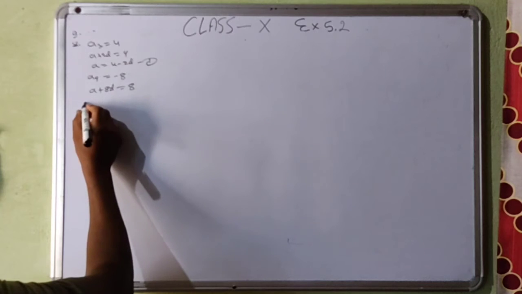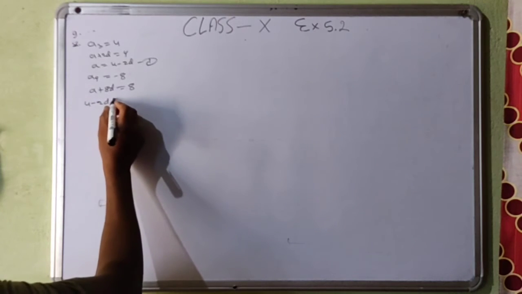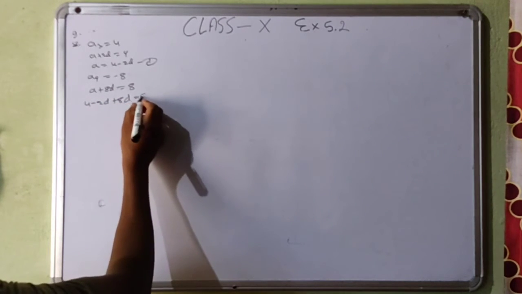So the A value here: 4 minus 2D plus 8D is equal to minus 8.